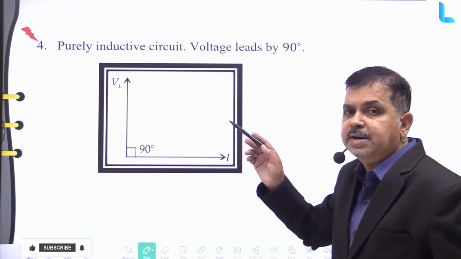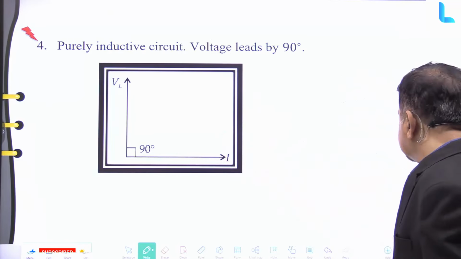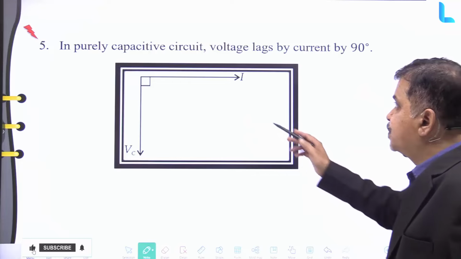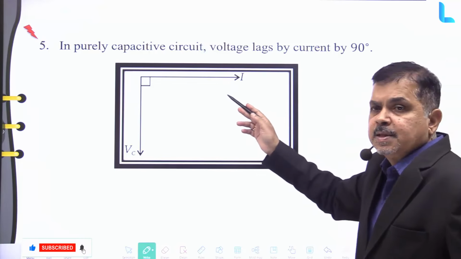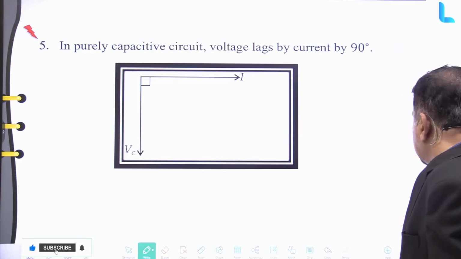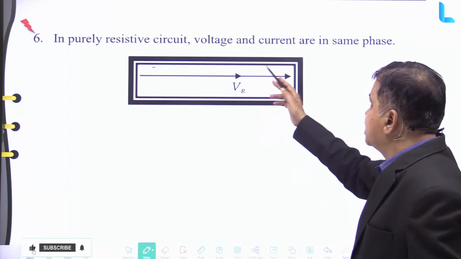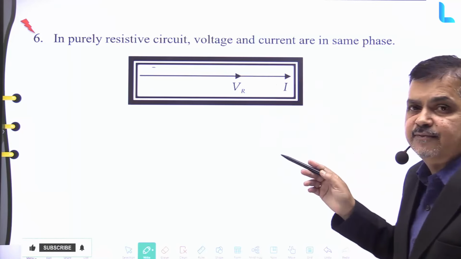For a purely inductive circuit, the voltage leads by 90 degrees, for a purely capacitive circuit the voltage lags by 90 degrees, and for a purely resistive circuit the voltage and current are in the same phase.